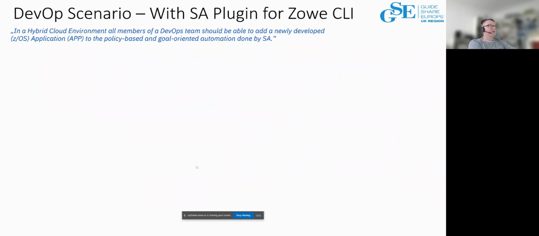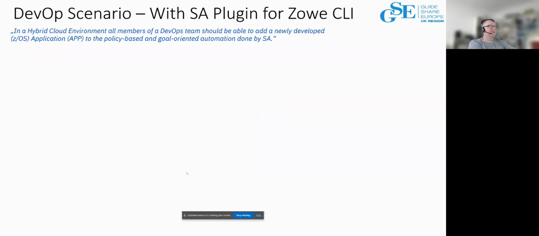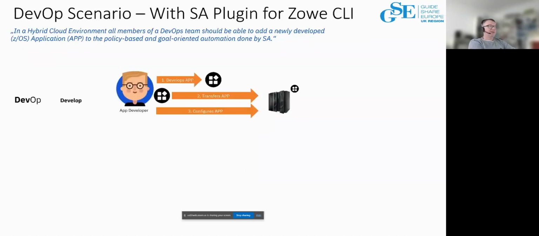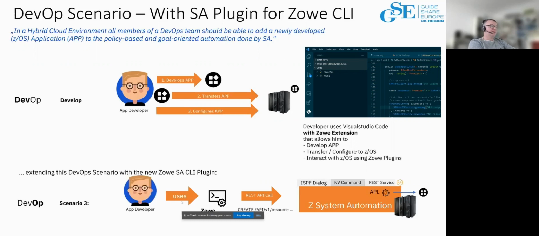So what is now the new way with an SA plugin for the Zowe CLI? You will learn about this in the next slides also. The development is the same. He does the development also with the plugin in Visual Studio Code. But now with the plugin, which is also available by Zowe, he's now able to issue some command directly from his environment to simply automate the application that he has pushed.